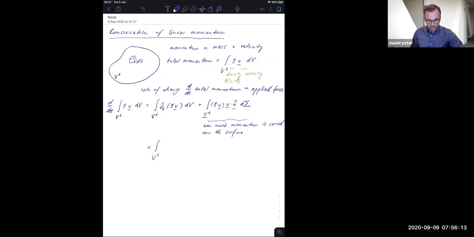So this is the volume integral, and we have our time derivative of rho times v plus, with Gauss theorem or the divergence theorem, the divergence of this quantity of v times v, and then integrate over the volume.